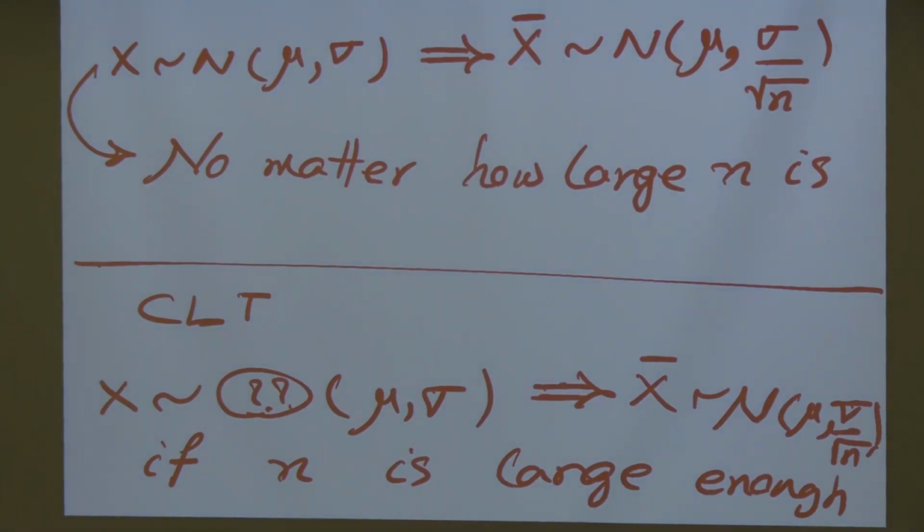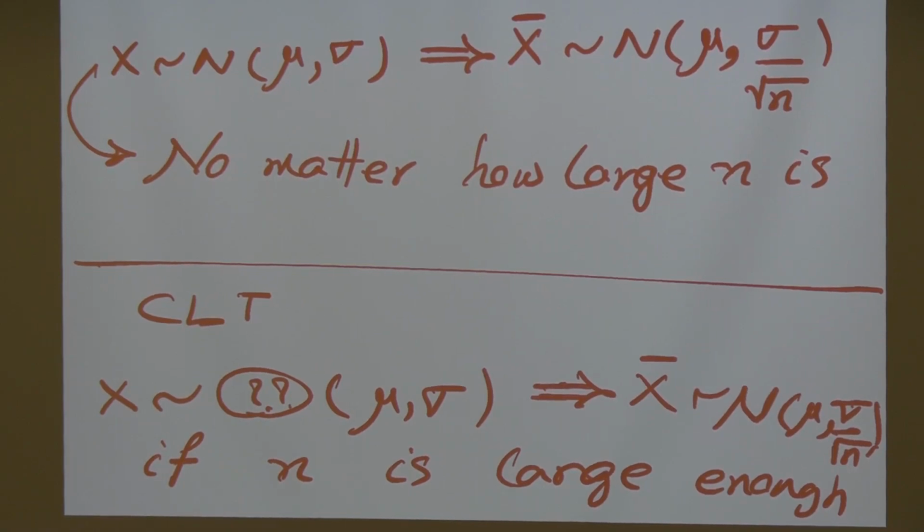If the mean in the population is mu and the standard deviation in the population is sigma, then the mean for the sample mean is going to be mu, the population mean, and the standard deviation for the sample mean is going to be the population standard deviation divided by the square root of n, okay? So this is normally distributed if the variable in the population is normally distributed, no matter how large n is, right?